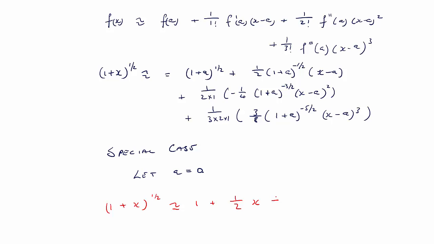minus, we had this minus sign there, that will be 1 on 2 times 1 on 4 times 1 to the minus 3 on 2, 1, times x squared, so that'll be minus 1 on 8 x squared, plus 1 on 6 times 3 on 8 times 1 again. (x minus 0) cubed is just x cubed, so we'll have 1 on 16 x cubed.